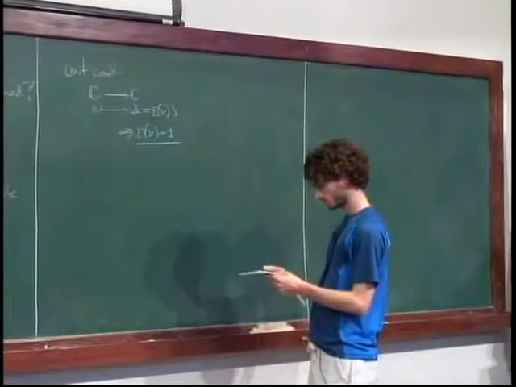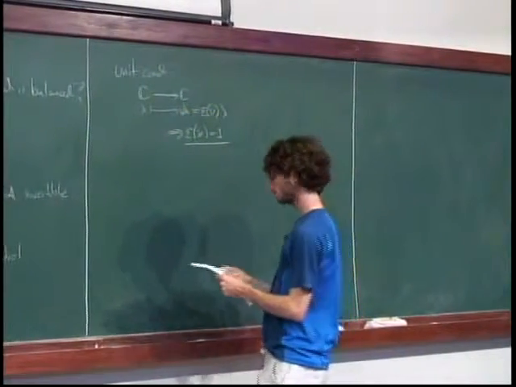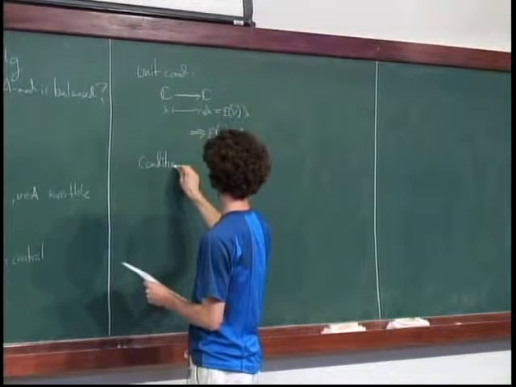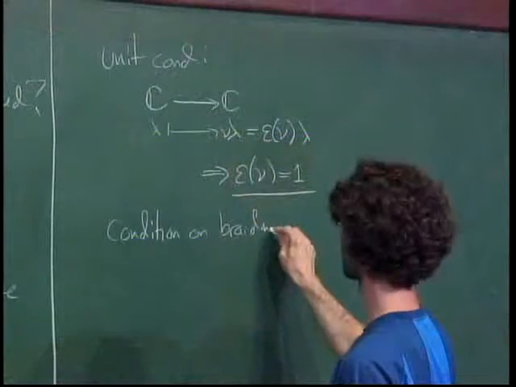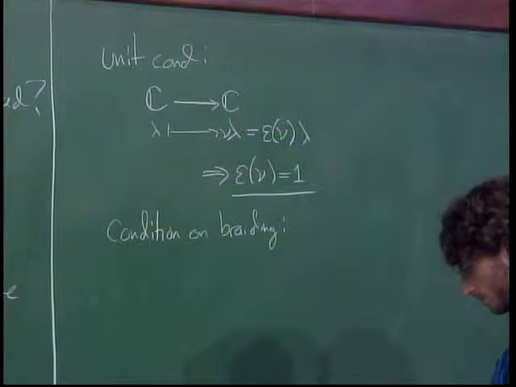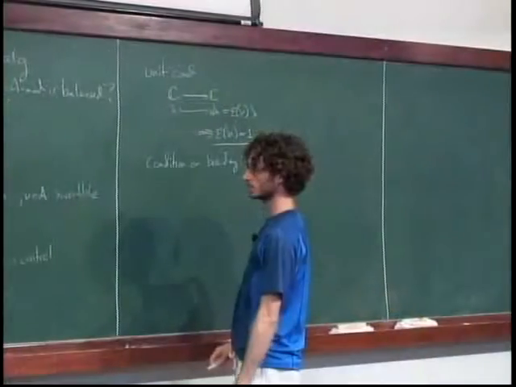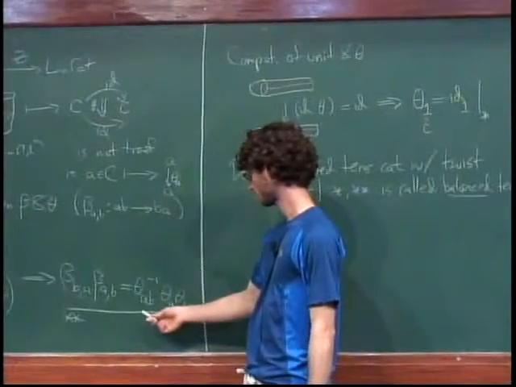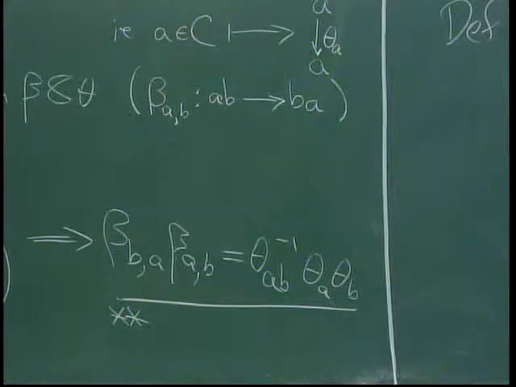Okay, so now we want to look at the condition on the braiding. So basically we just need to compute both sides of this equation in terms of our modules.